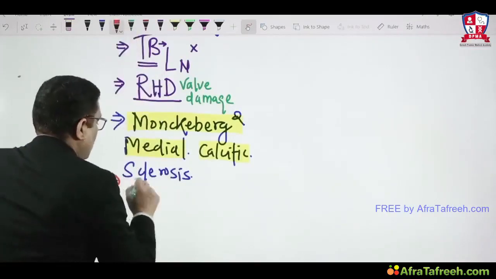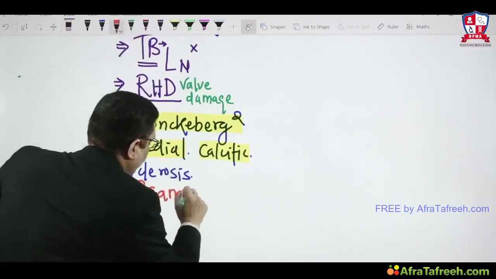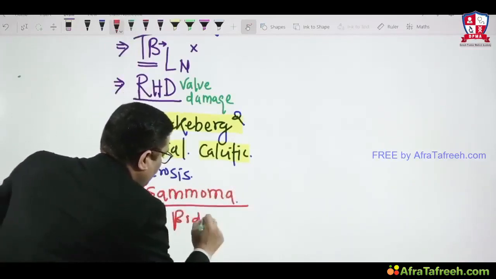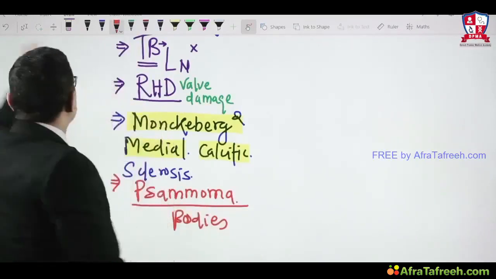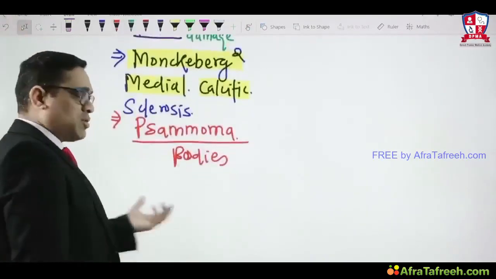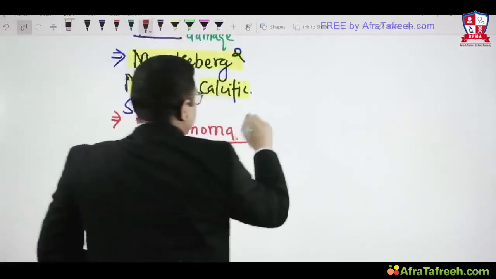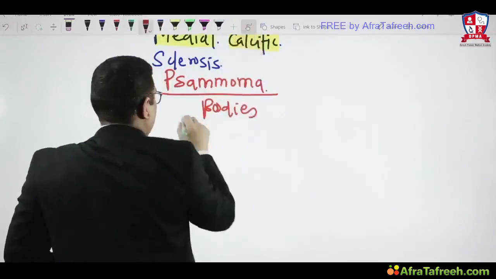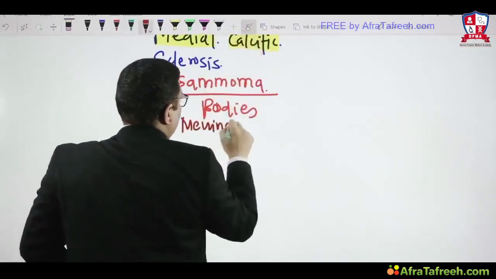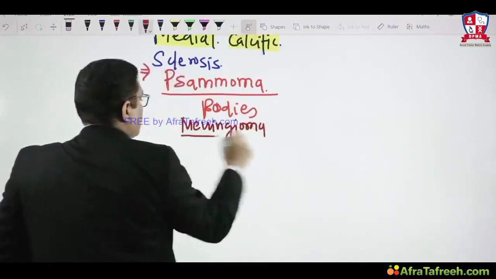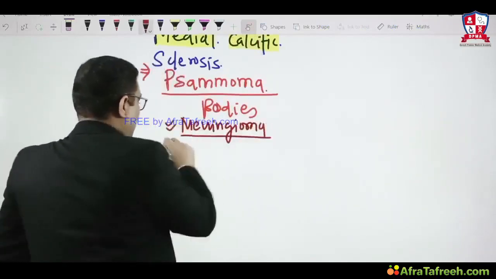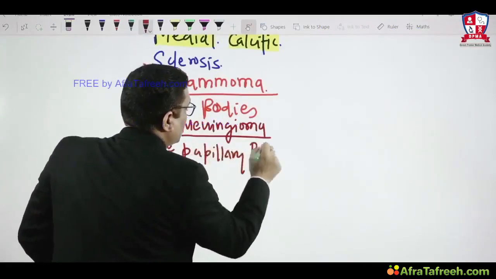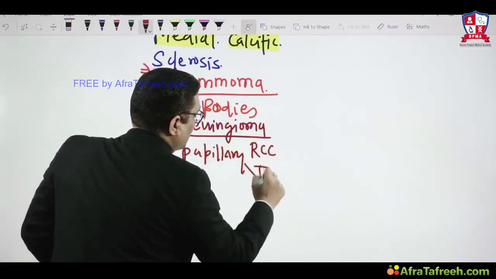The fourth important one is Psammoma bodies. We know Psammoma bodies are seen in cancers, where tumor cells are abnormal. They are seen in meningioma, mesothelioma, papillary renal cell carcinoma, and papillary thyroid cancer.